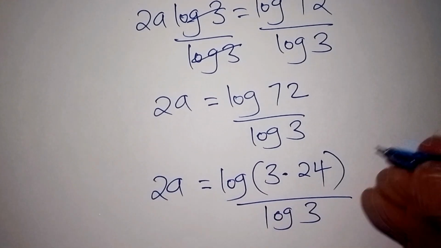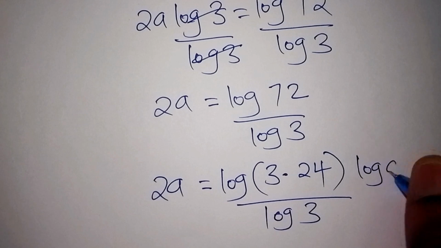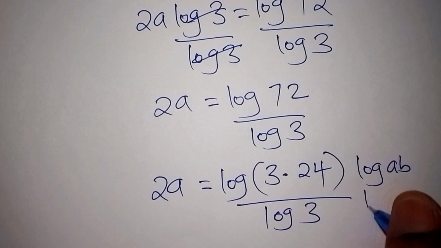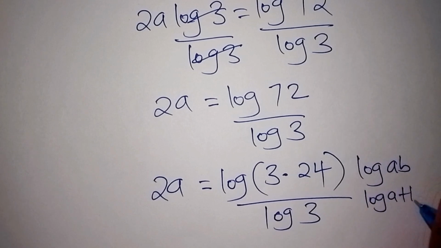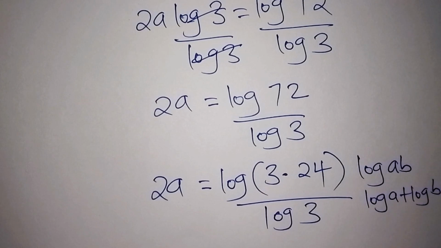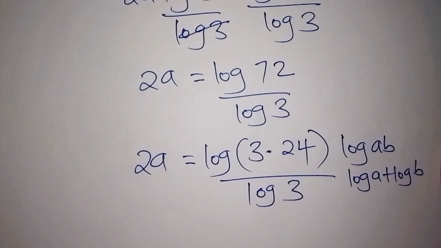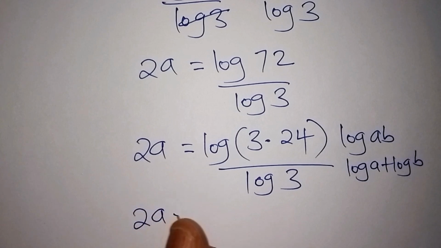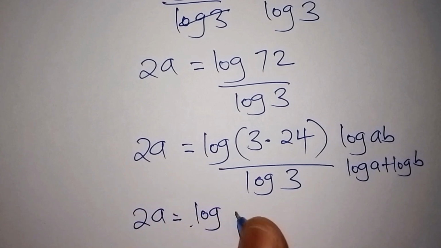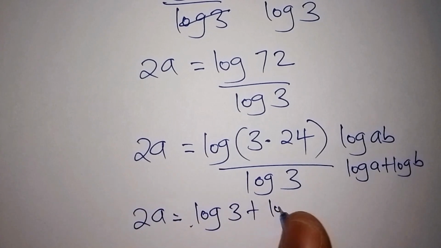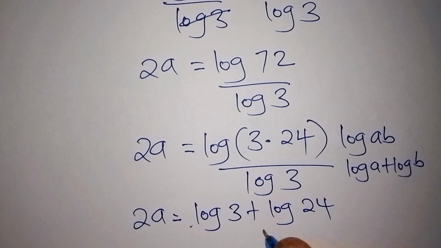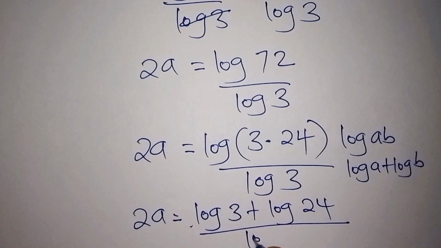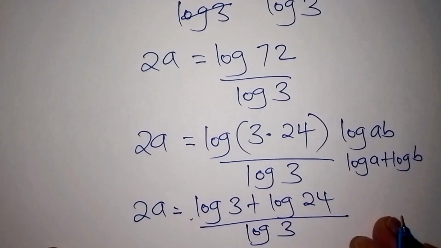Remember that when you have the log of ab, this can also be written as the log of a plus the log of b. So we can change this by saying that 2a is equal to the log of 3 plus the log of 24 all over the log of 3.